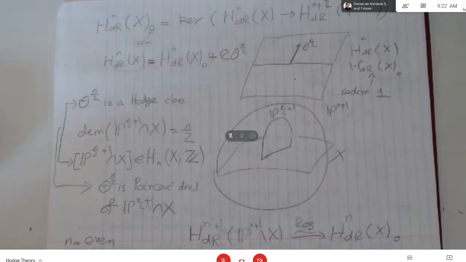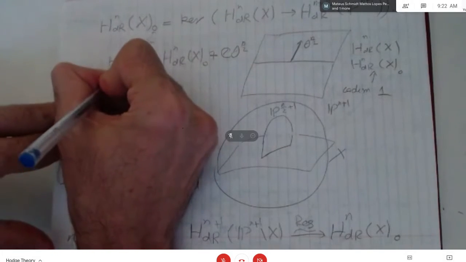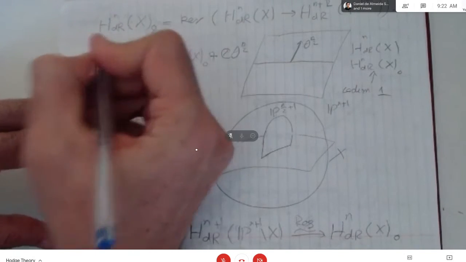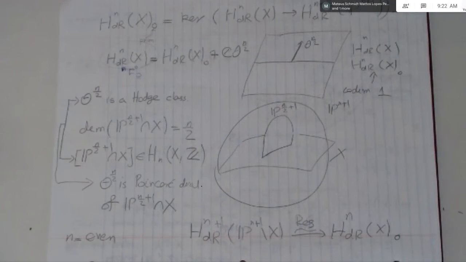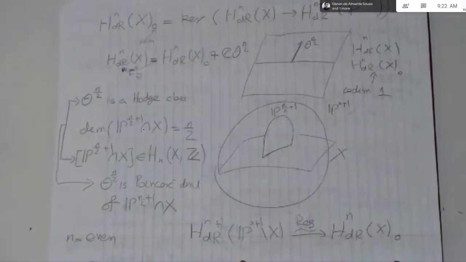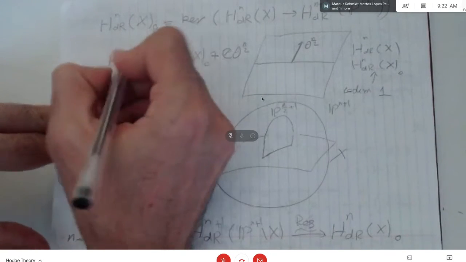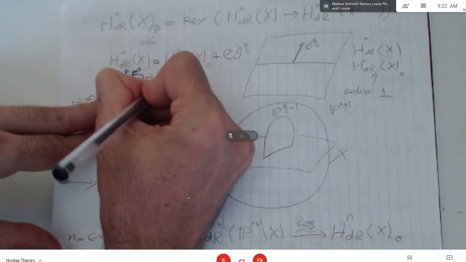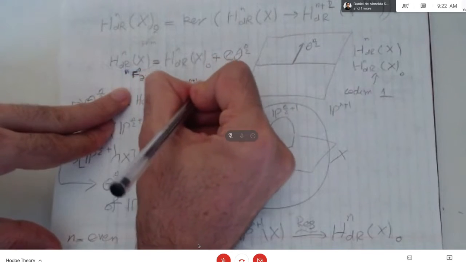Remember that this group has a Hodge filtration: F^0, F^1, up to F^n, F^{n+1}, which will be 0.